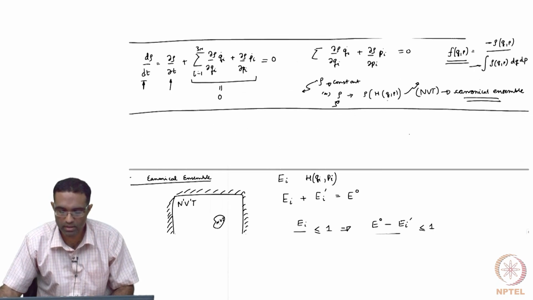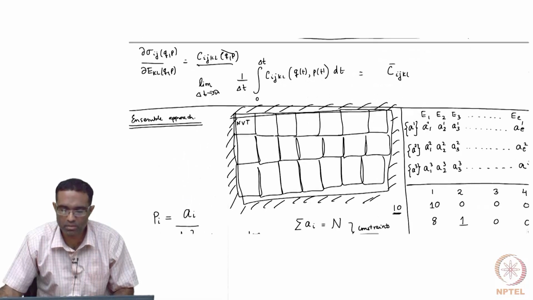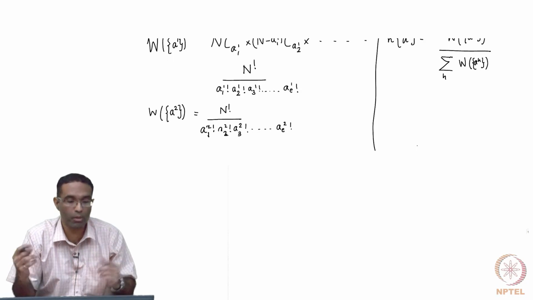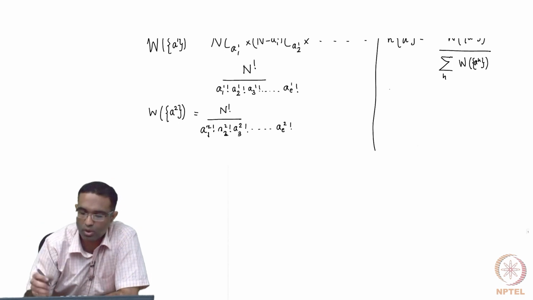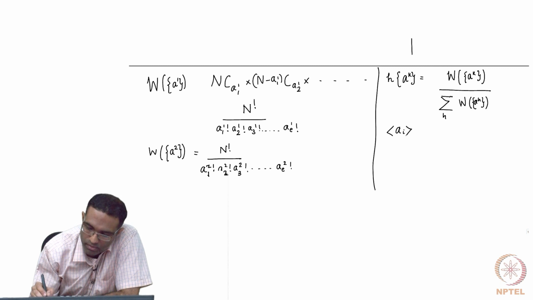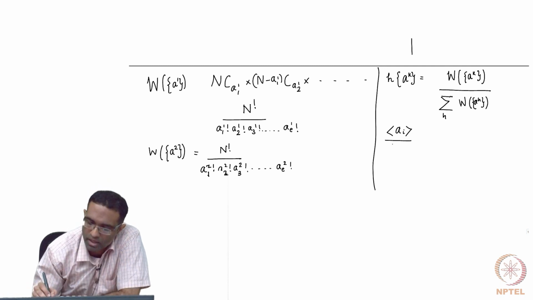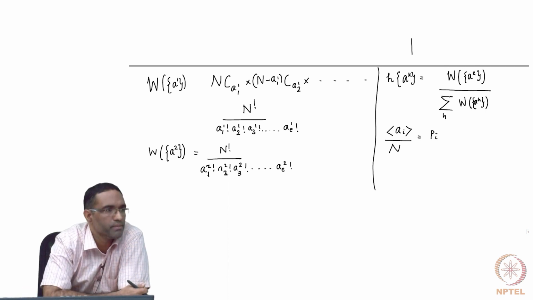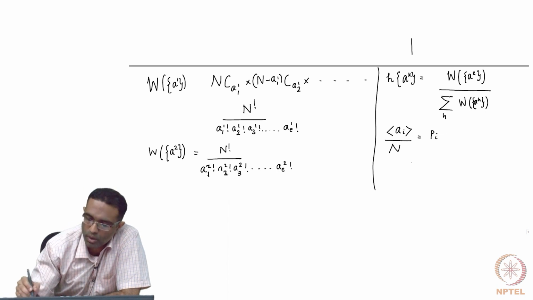Again reminding you, we want to find out the probability that a particular system takes an energy Ei. That would be the average number of systems that have energy Ei, on average, divided by the total number of systems, right?